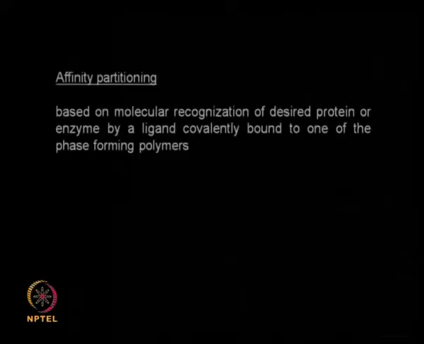So that is what is called affinity partitioning. So I need to know what is the affinity ligand which is needed to selectively bind to the protein, and then I will have that particular ligand present in my solvent. So the protein will just selectively bind to the ligand, thereby I can separate out.